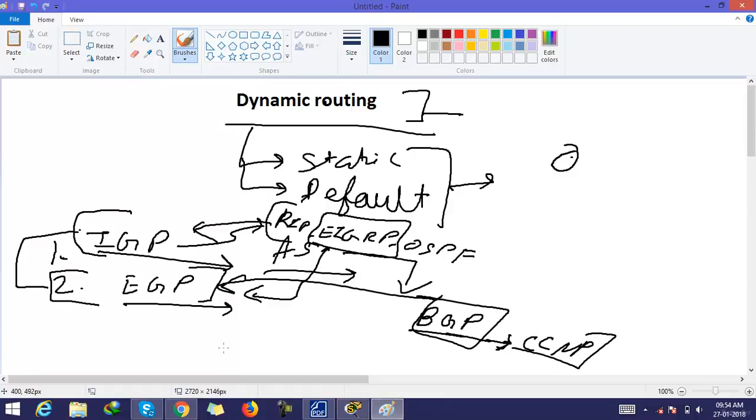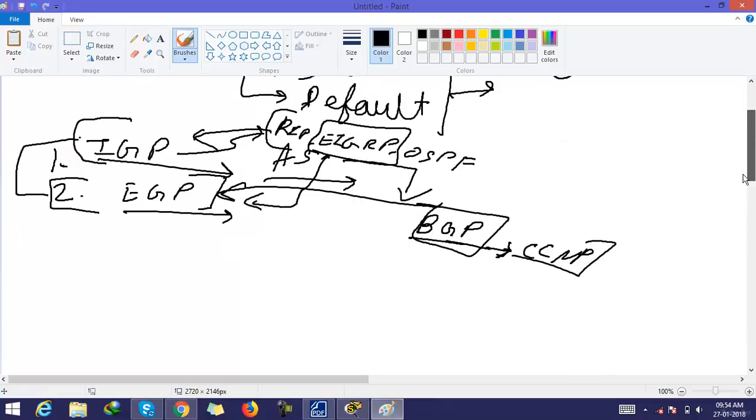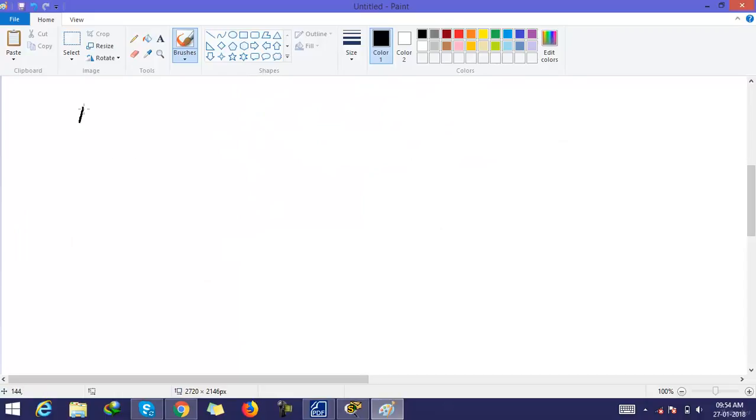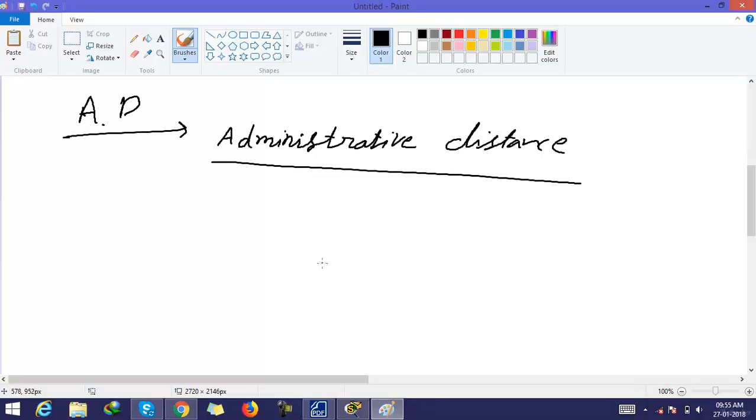Now, there are some important things we should know about routing protocols. The first one is AD. AD stands for Administrative Distance. The AD is used to rate the trustworthiness of routing information received on a router from a neighbor router.